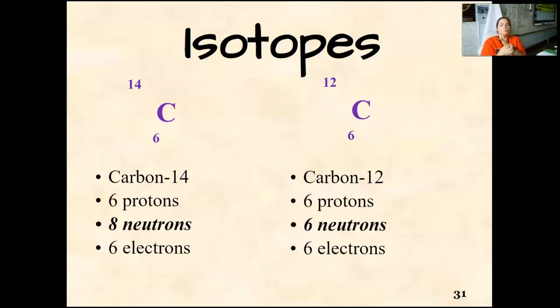So what is this talking about? Isotopes. How do we figure out isotopes? What we were just looking at is carbon-14. I don't know if you remember hearing carbon-14. This is for radioactive dating. Then you have carbon-12, which is the normal carbon on the reference table. That is neutral, it has no charge.